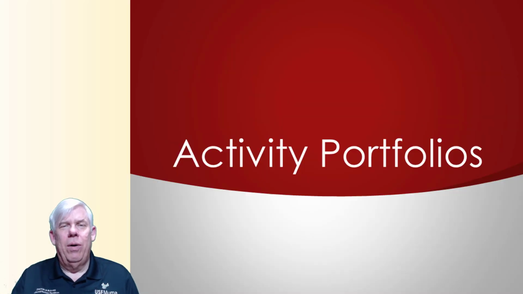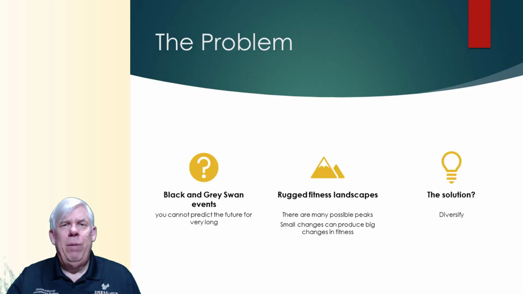The second category of strategic models that we'll look at involves creating portfolios of activities. Activity portfolios are created to solve a specific problem. As we have discussed, under high extrinsic complexity environments, we're going to have this punctuated equilibrium where behaviors change, the rules change, but we can't predict when that is going to happen.